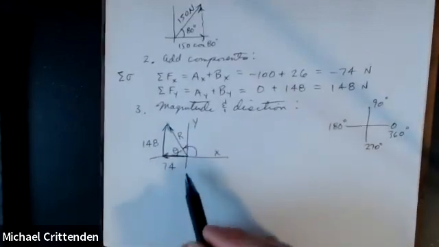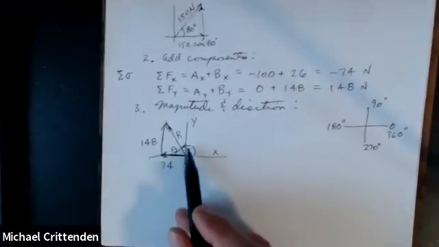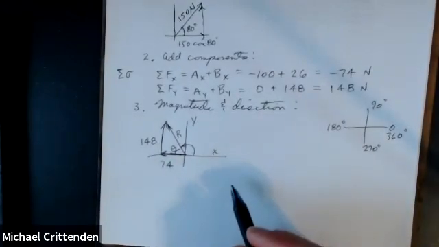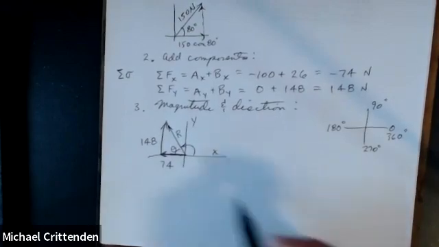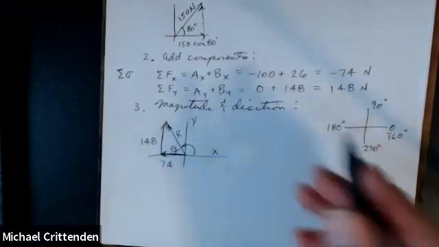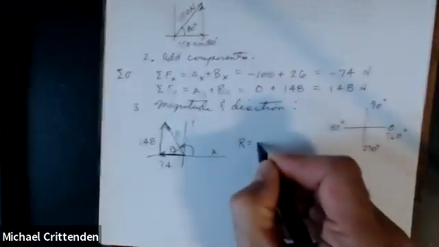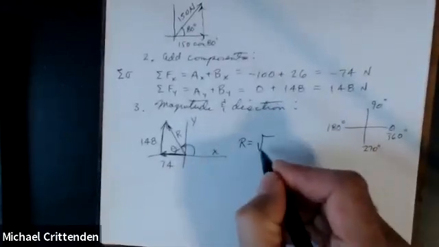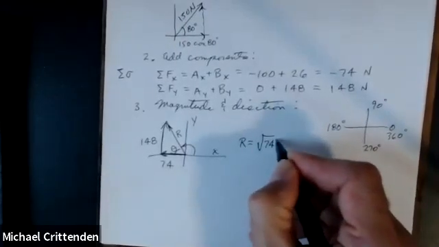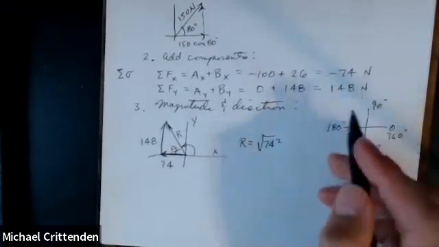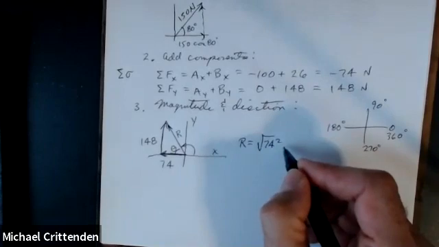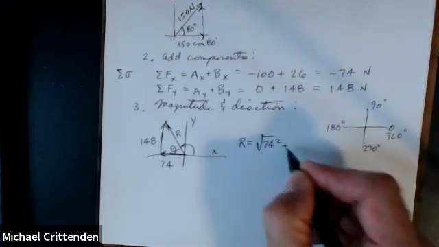We'll call that theta. And then I'll subtract it from 180 degrees to get this. But, well, we'll start out with the magnitude. It's a right triangle. So r equals the square root of 74 squared. It's actually negative 74, but the minus sign disappears when you square it. So why bother writing it down?